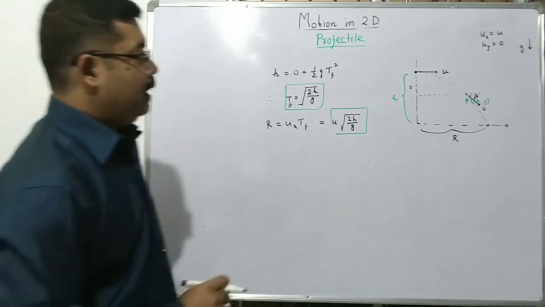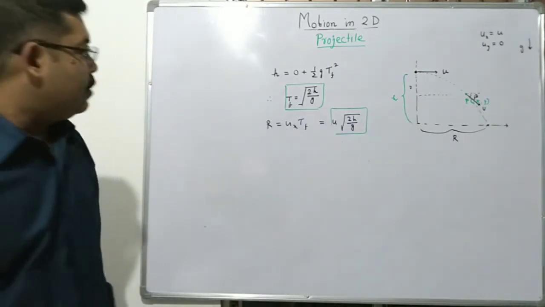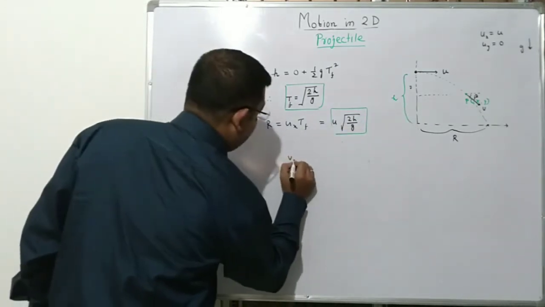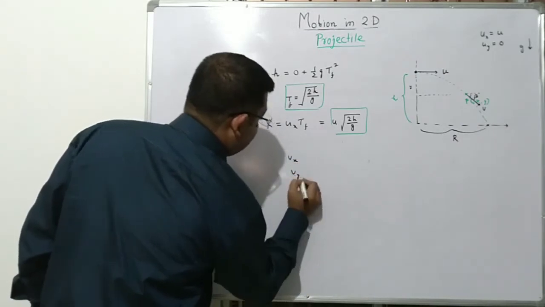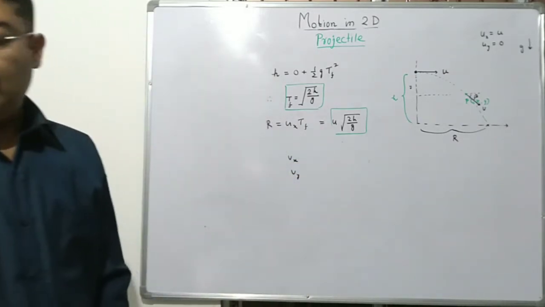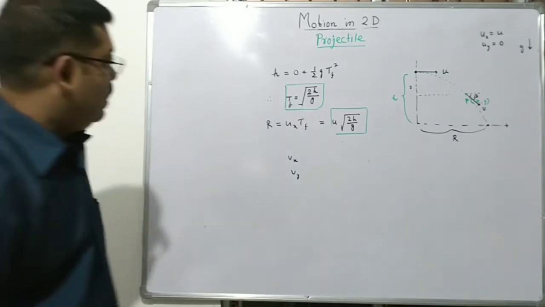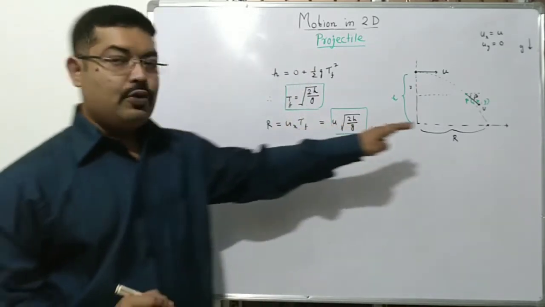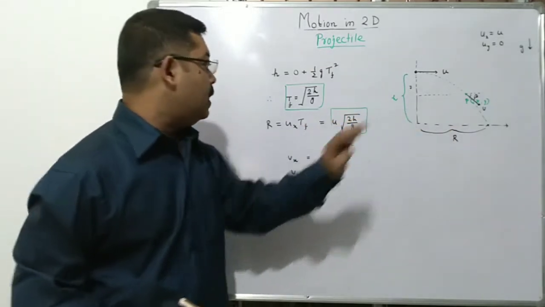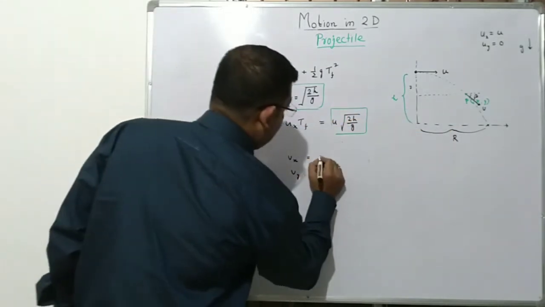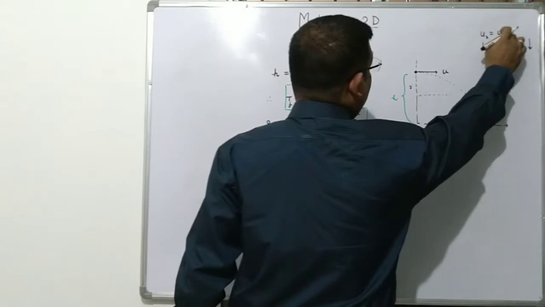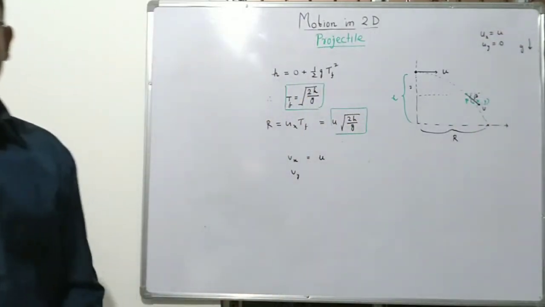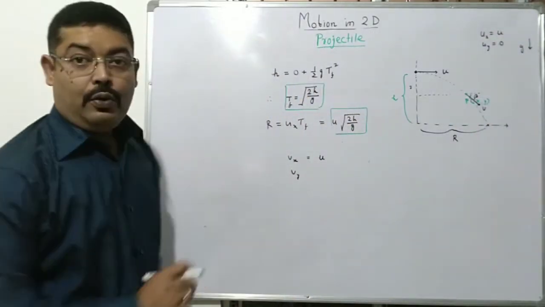So this velocity V will have two components, one is Vx, the other one is Vy. Now what are going to be the values of Vx and Vy? Vx, since there is no acceleration in the horizontal direction, will simply be equal to the speed of projection, that is ux, or equal to u.